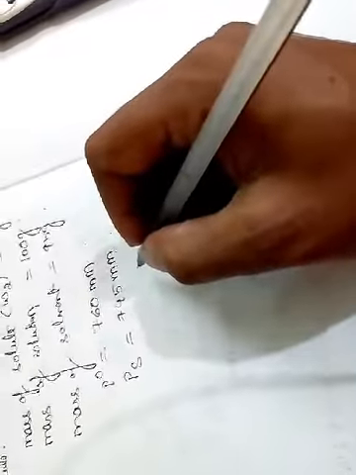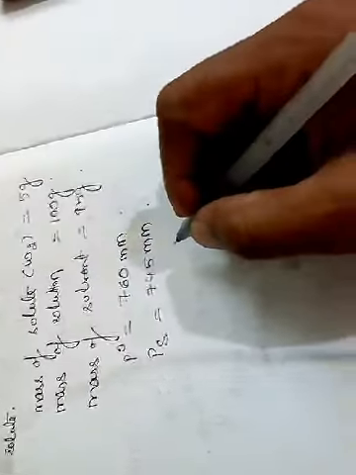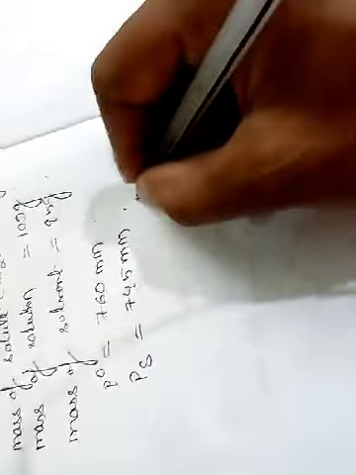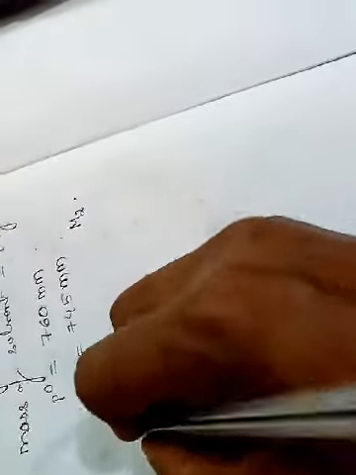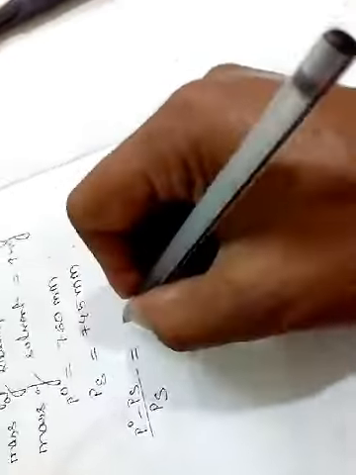He has asked us the molar mass of the solute, that is M2. Here we can use our second formula, the derived formula from relative lowering of vapor pressure, which will be easier. So the derived formula is (P naught minus Ps) by Ps is equal to N2 by N1 or Nb by Na.